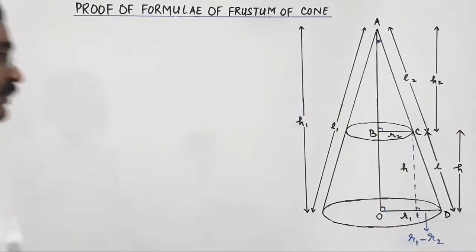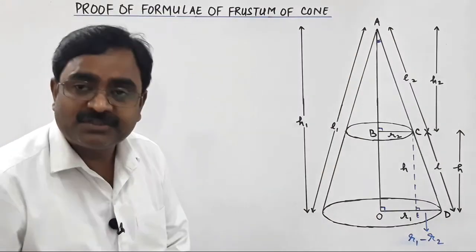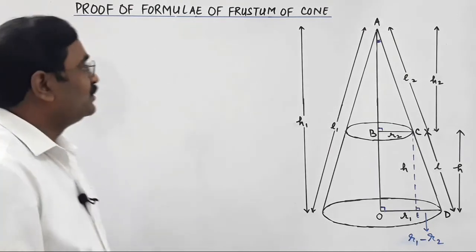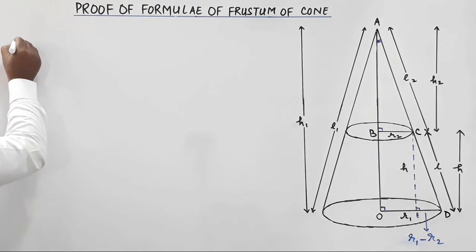Okay friends, so let us come to the second part of this, which is the curved surface area of the frustum of a cone. To find the curved surface area of the frustum of a cone, let us start.